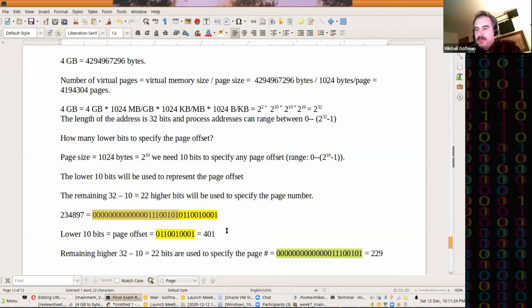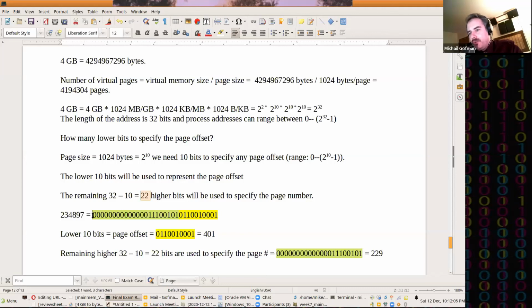Okay, so I have figured out that it takes 10 lower bits to represent the page offset, right? And then I figured out that I need 22 higher bits in order to represent the page number. Are you clear on that part? So now, when you're given an address, you want to find out what page number and page offset it represents.